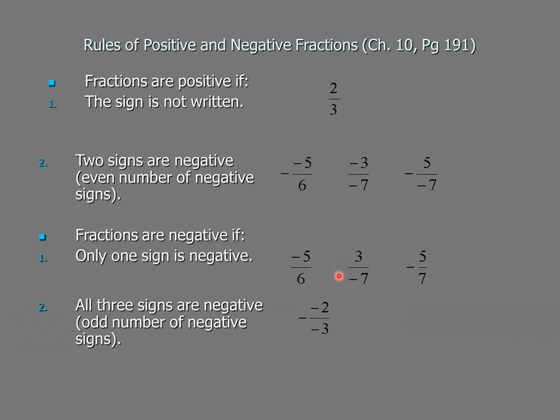Here the negative sign is with the numerator, here with the denominator, and in the middle, meaning it can be either the denominator or the numerator. And here you have 3 negative signs, which is again odd. Whenever you have an odd number of negative signs, the number is negative. Because even if you have 3 negative signs, 2 of them get cancelled, but you will still have one left.